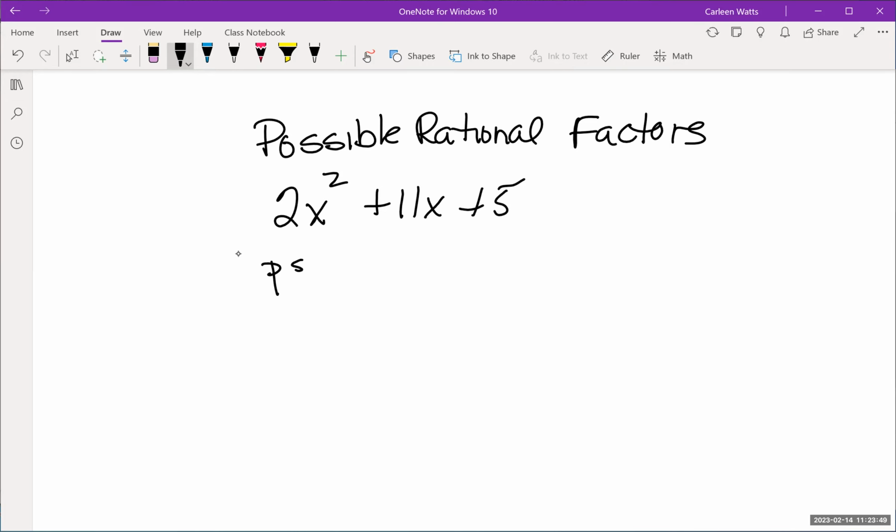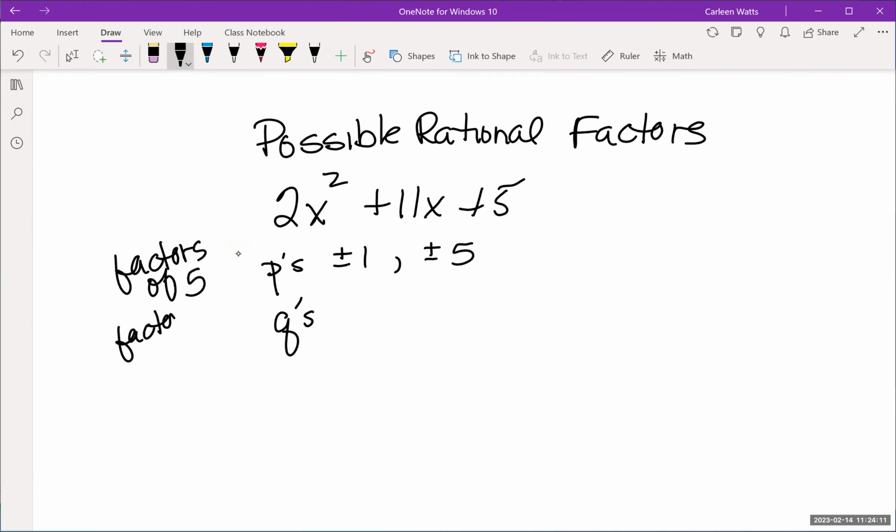So P's, these are the factors of 5. So we have plus or minus 1, plus or minus 5. Q's, factors of 2. Plus or minus 1, plus or minus 2.